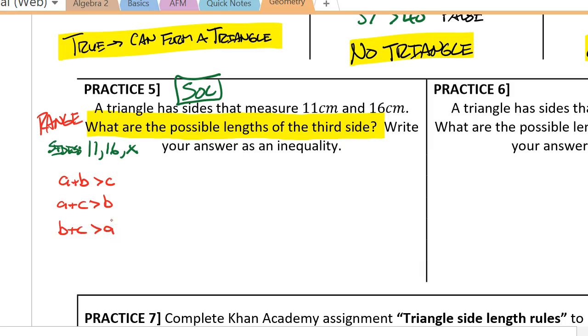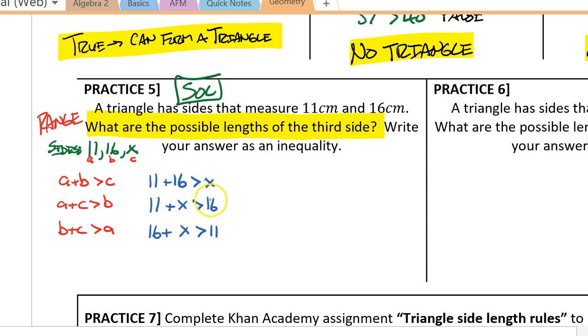And again, I'm just going to arbitrarily say 11 will be a, 16 will be b, and my unknown side x will be c. Plugging those values in, we get 11 plus 16 must be greater than x. 11 plus x must be greater than 16, and 16 plus x must be greater than 11.